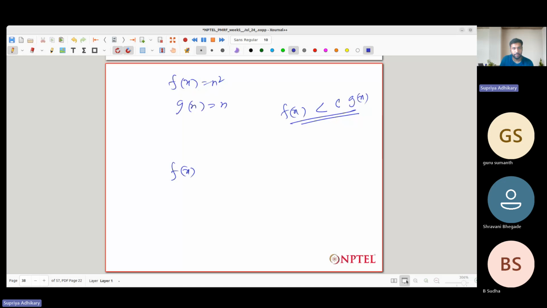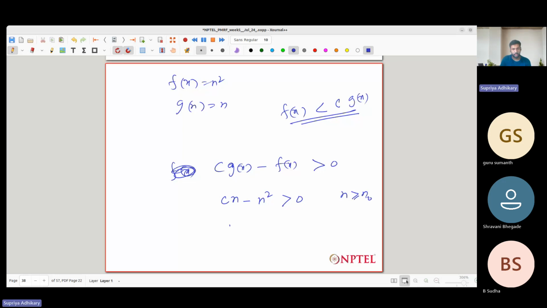In order to do that, we have to show that c g(n) minus f(n) has to be positive. If this is true, then cn minus n square has to be positive for all n greater than or equal to some n0.